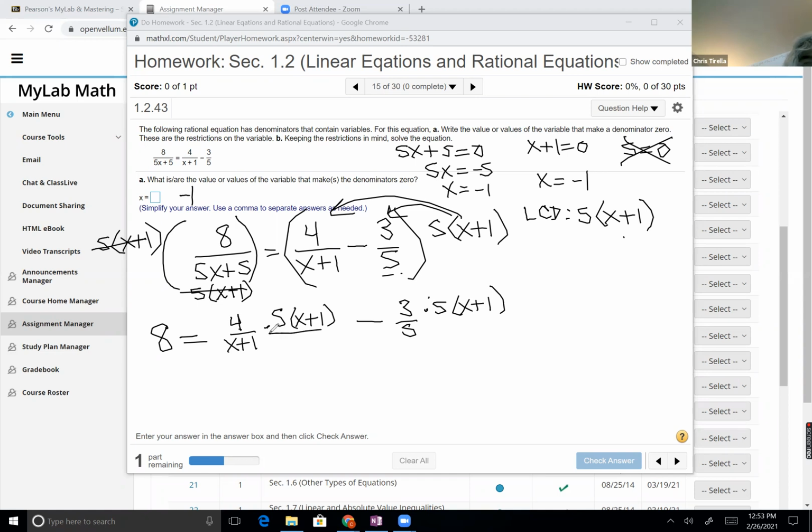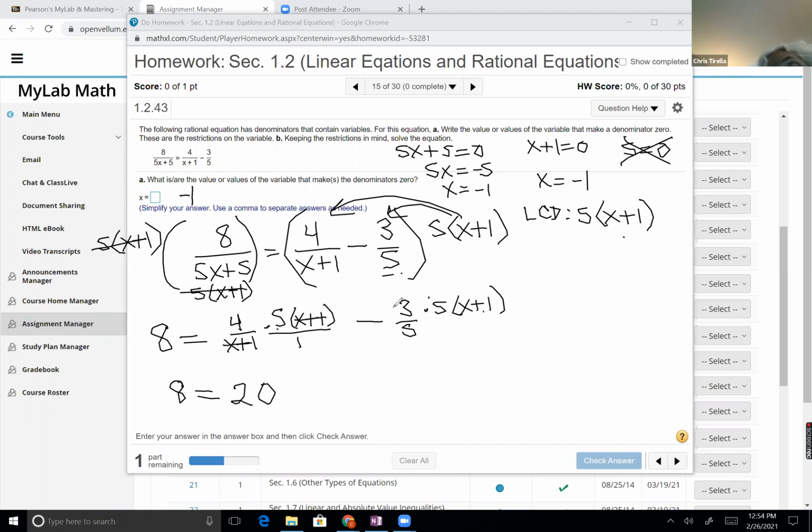If I think of that common denominator as being over 1, this first product, the x plus 1's the common factor, would divide out. So that'll give me 8 equals 4 times 5 is 20.